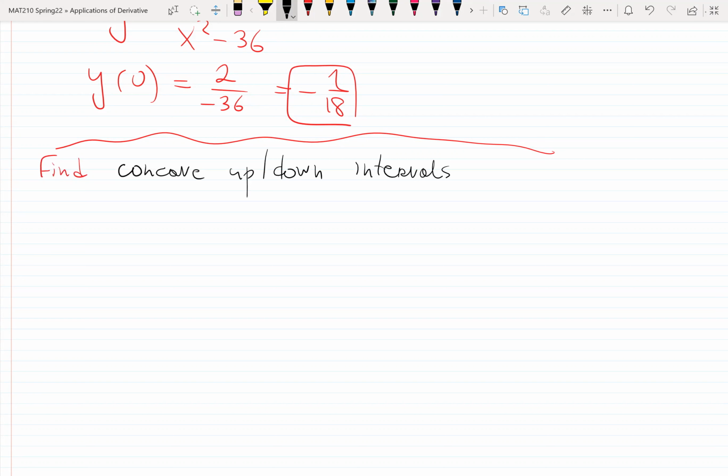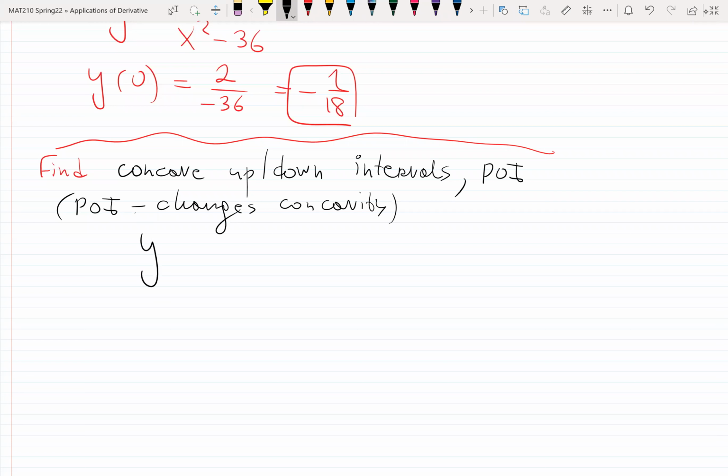This is a topic I did not teach you yet, but I have really good videos on this, so you can also watch these. POI, point of inflection, is the point that changes the concavity. This is about the second derivative. Remember that. The moment you see phrases like concavity, POI, that means we ask you to find the second derivative.